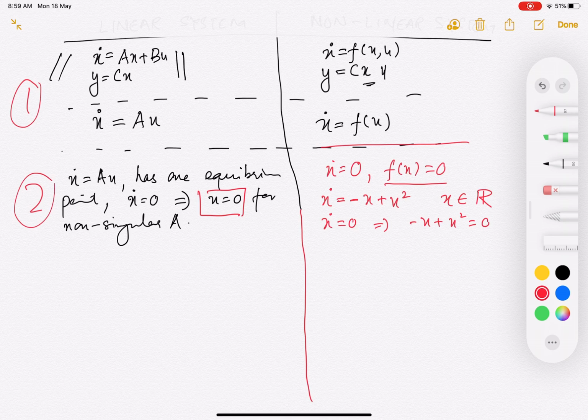So this implies x(1 minus x) equal to 0, which implies x is equal to 0, 1. So the nonlinear system here has two equilibrium points, x is equal to 0 and x is equal to 1. So this is one big difference between a nonlinear system and a linear system with non-singular A: you can have multiple equilibrium points for nonlinear systems.